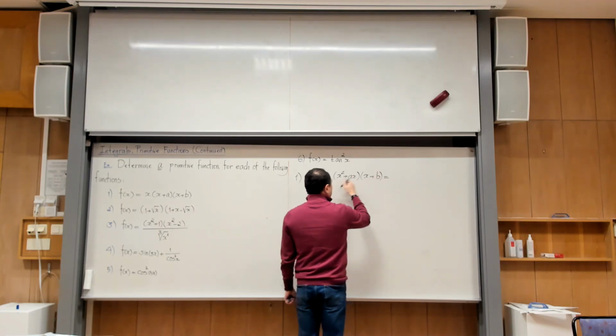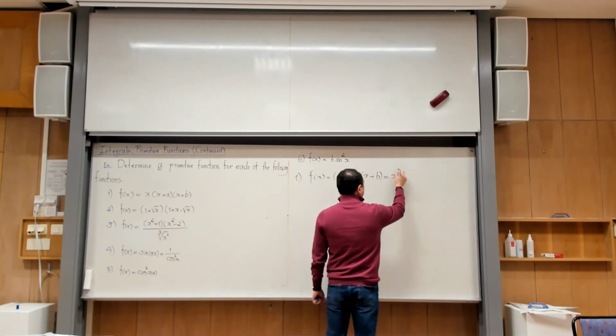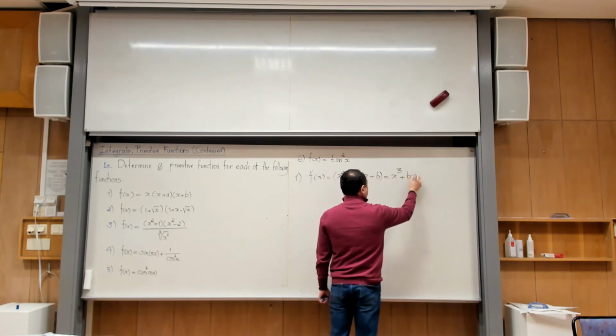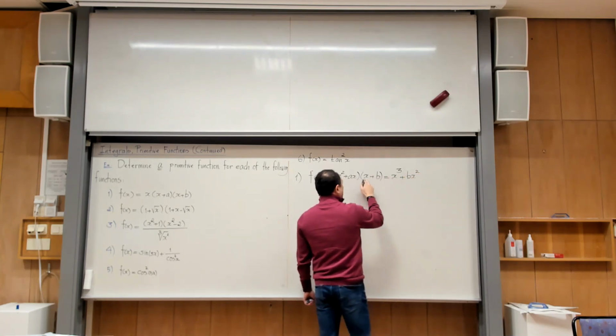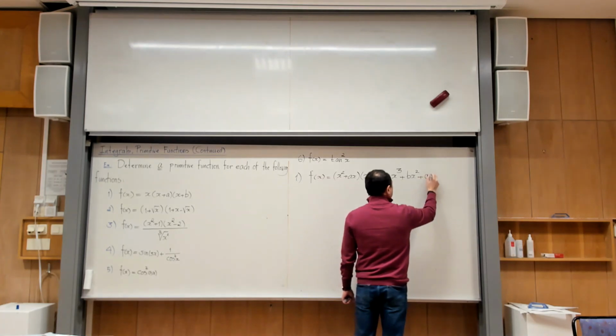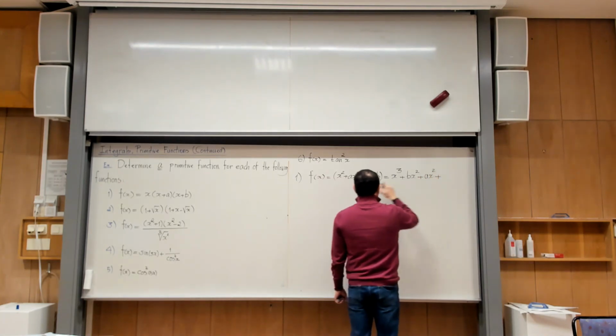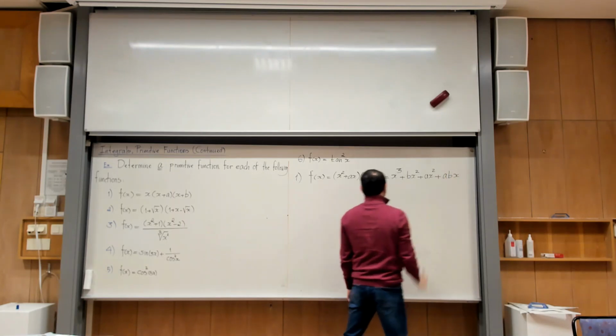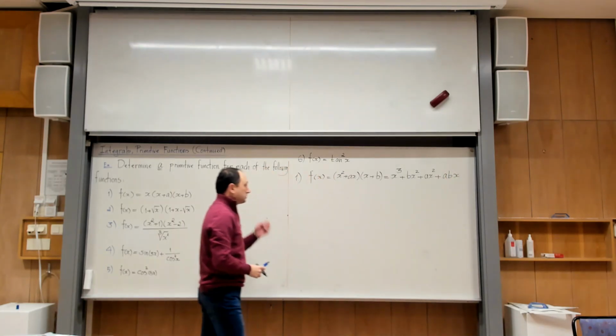And then you multiply it again, so it becomes x to the 3. This multiplied by that becomes bx squared, and then this multiplied by that, ax squared, and then abx. Yes? So that is what I get.